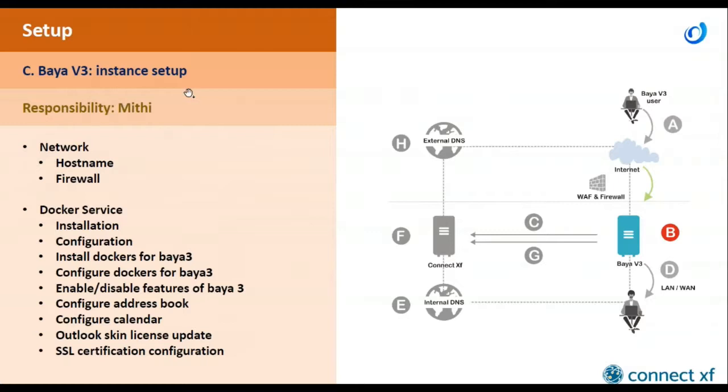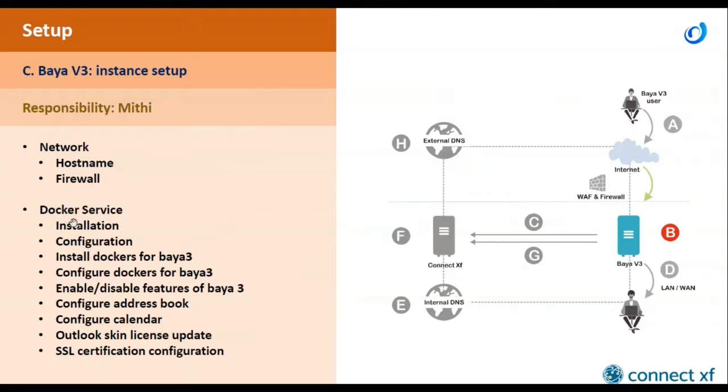Once you provide the hardware with the OS installed and the network setup, we will configure the following in that server. First of all, we will configure the network, the host name basically, and the firewall in BIA v3. These are the actual installations and configurations for the Docker service.